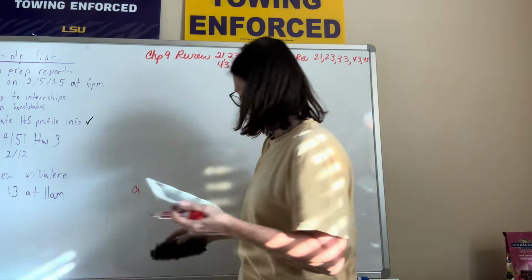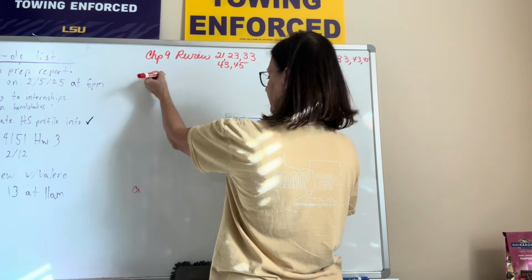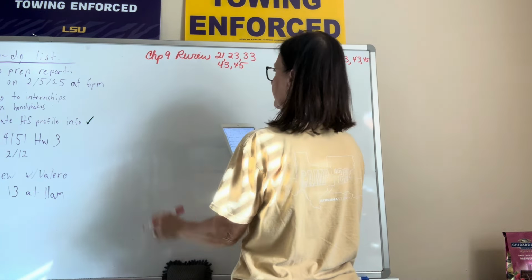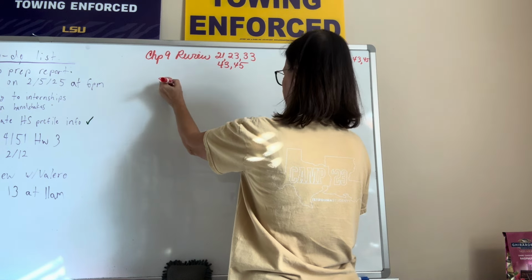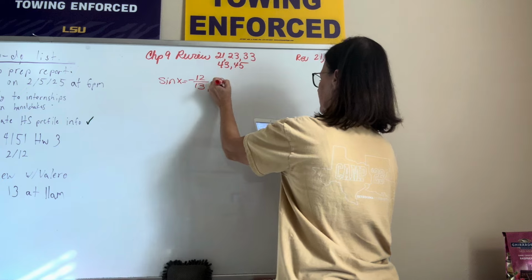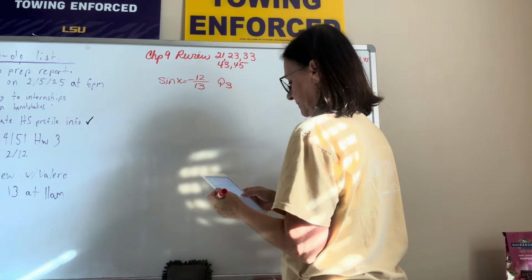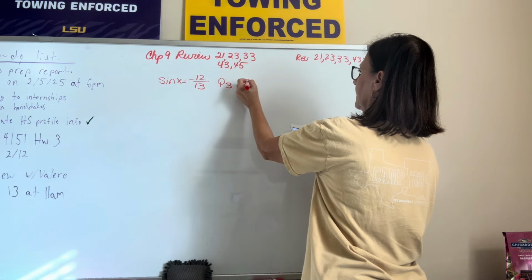All right, so for 23, it says the sine of x is -12/13. It tells me which quadrant. It's in quadrant 3.